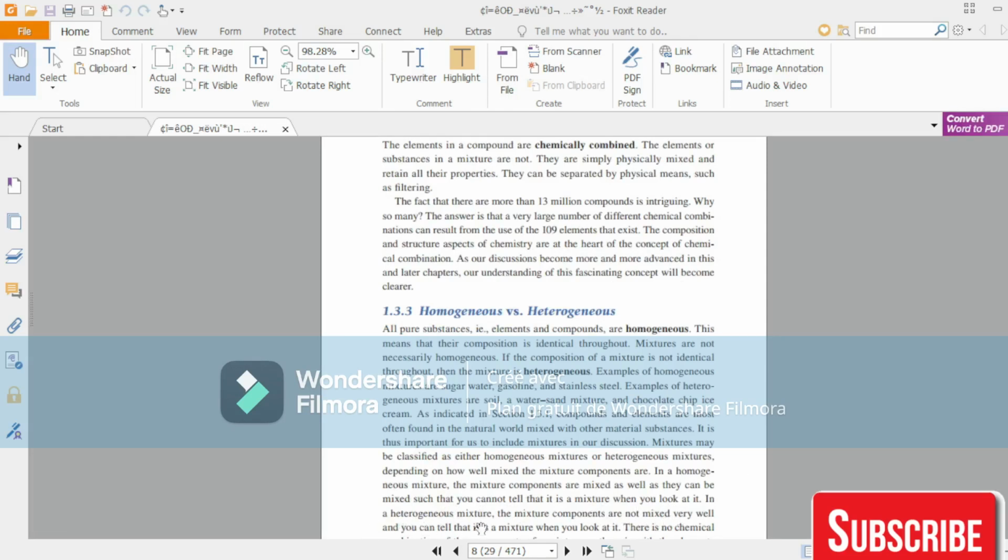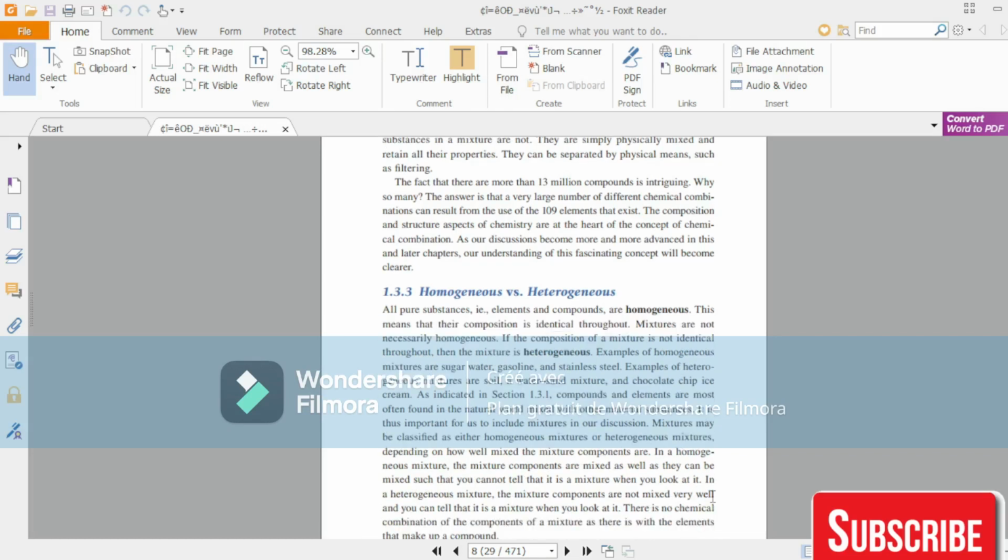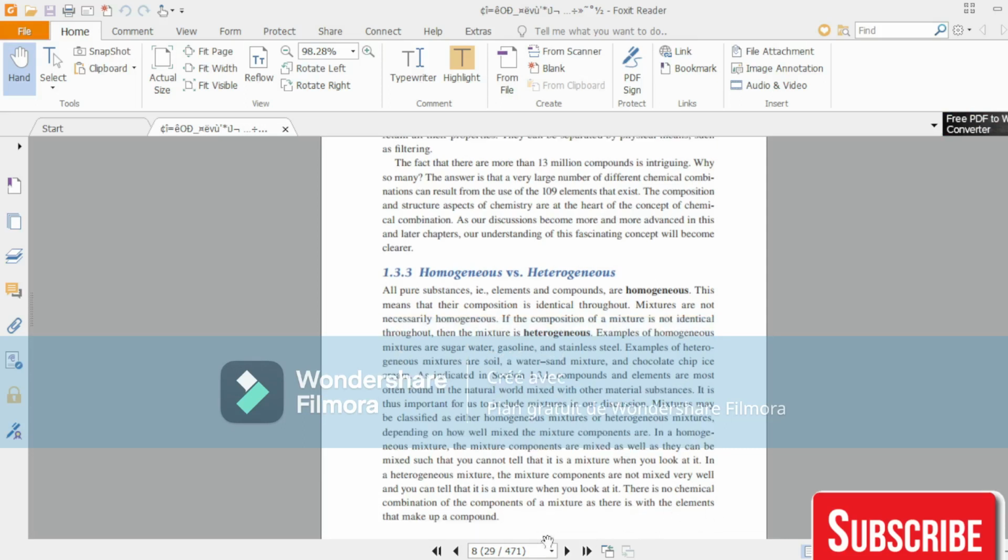In a heterogeneous mixture, the compounds are not mixed very well, and you can tell that it is a mixture when you look at it. There is no chemical combination of the compounds in a mixture, as there is with the elements that make up a compound.